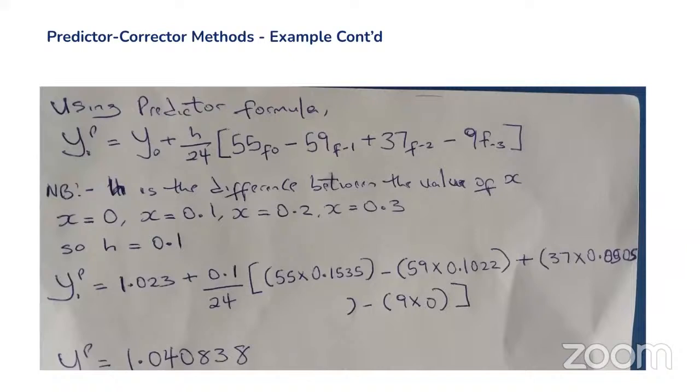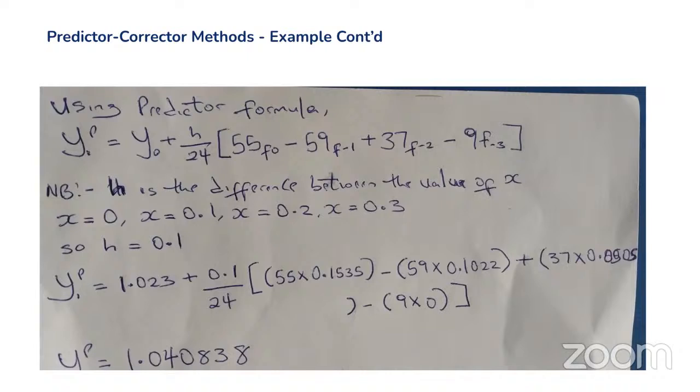Now, using the predictor formula, you can see here the formula again that I wrote. f1 p is equal to y naught plus h divided by 24 bracket 55 f subscript 0 minus 59 f subscript minus 1 plus 37 f subscript minus 2 minus 9 f subscript minus 3.